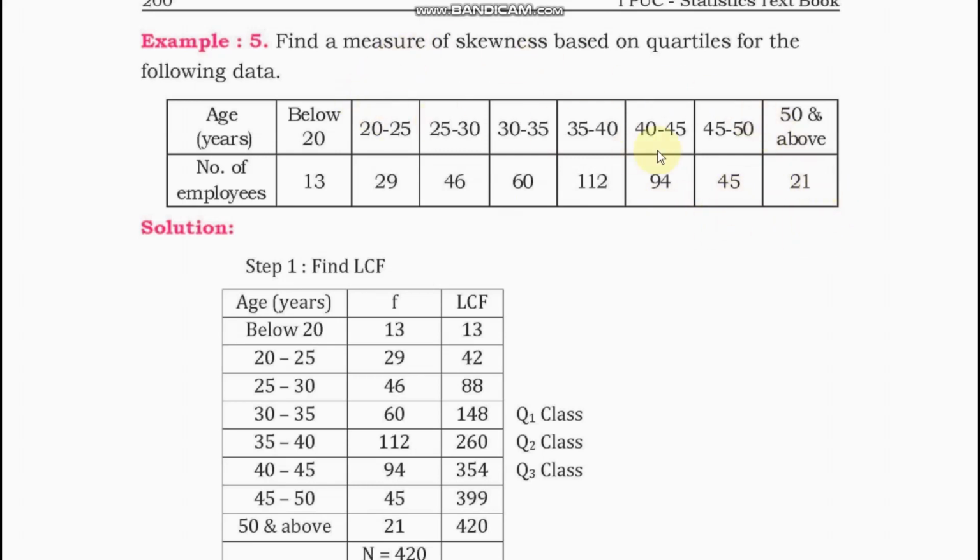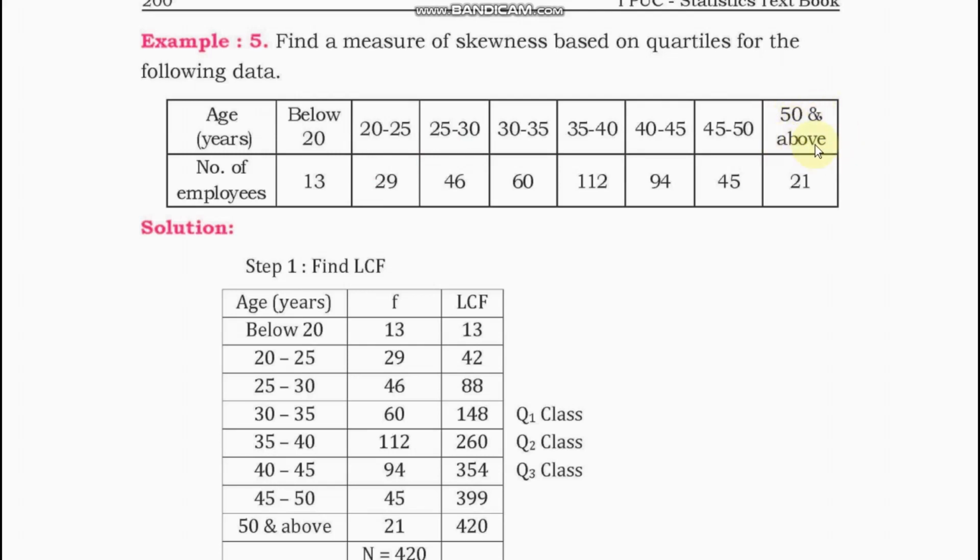Now observe the class intervals here. These class intervals are exclusive, but the first and the last class intervals are open end intervals. For the first class we don't have the lower limit. It says below 20, 20 is the upper limit, but there is no lower limit. Similarly, 50 and above, 50 is the lower limit, but there is no upper limit.